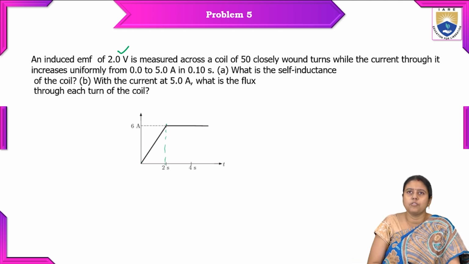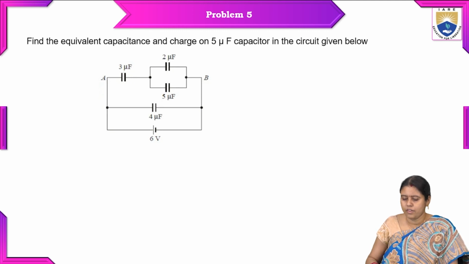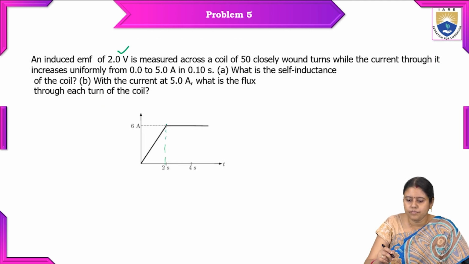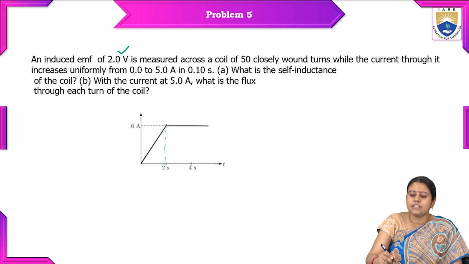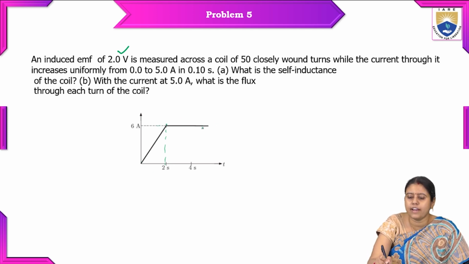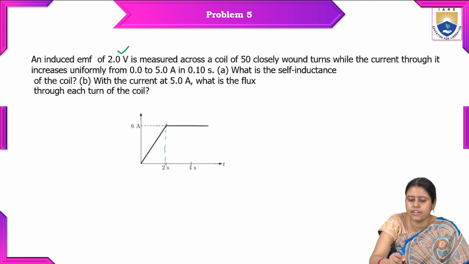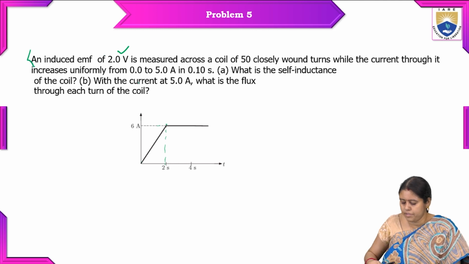So actually the question is a little wrong. This current is actually a curve, and we have to calculate the inductance. So how to calculate the inductance for this graph? The problem is a little different, so I am skipping this.